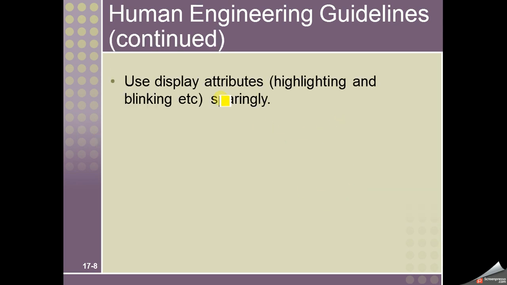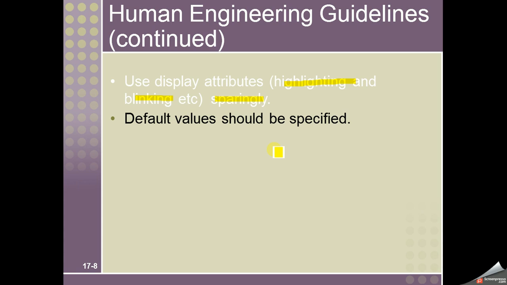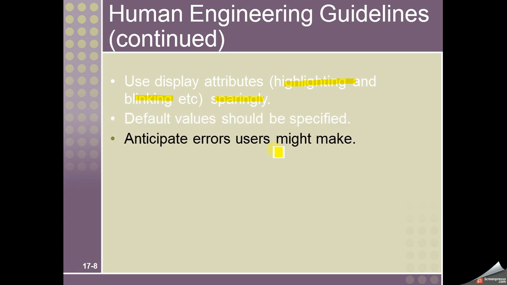Use display attributes sparingly. We can use highlights, blinking, or animations to get the attention of the user. However, if you use them too much, it becomes a distraction for the users. So try to use them as little as possible. Default values should be specified. We have seen this in the input design chapter also. Anticipate errors that your users might make.